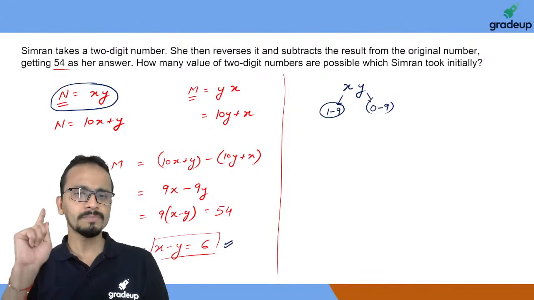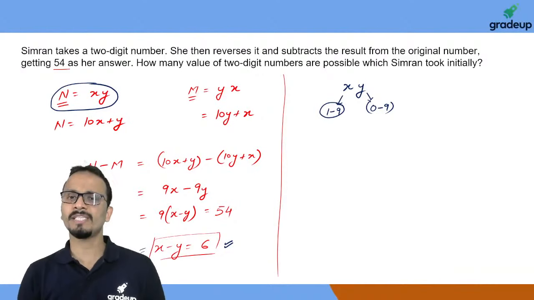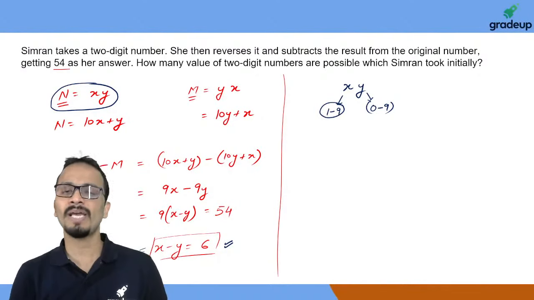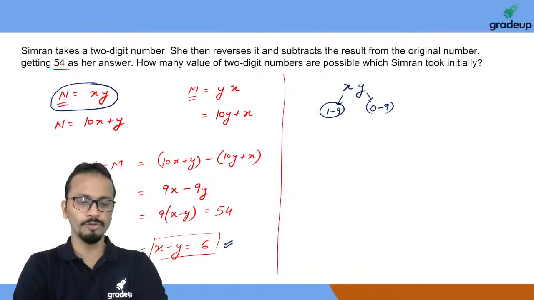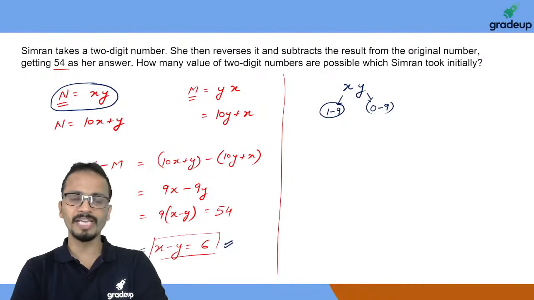Can you give me one set of value of x and y such that x minus y is equal to 6? Come on, all of you. So Kalavati, Tanush, Nikita, go ahead.